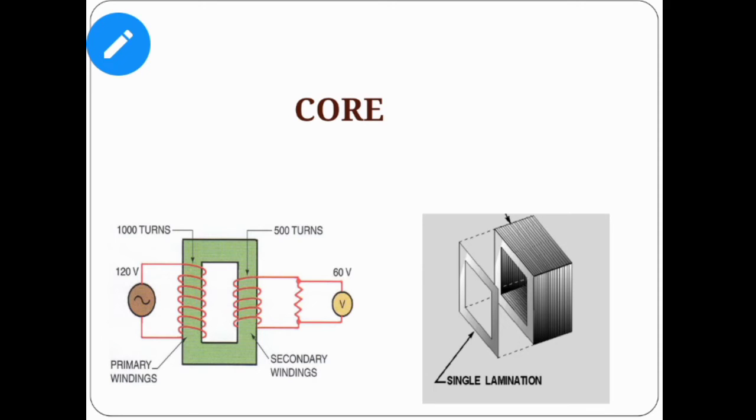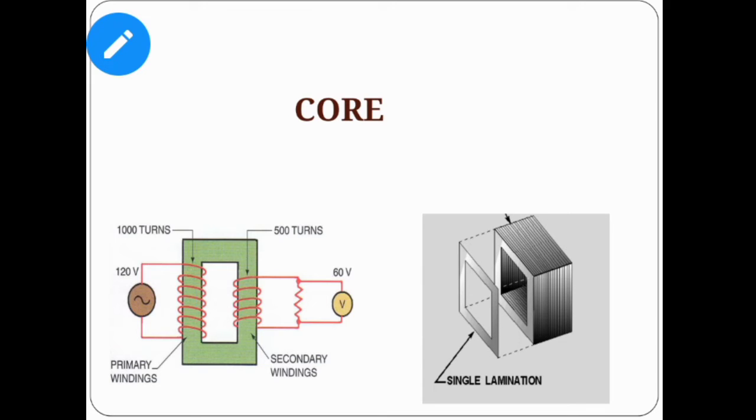In this slide you have to remember the material used for manufacturing the core: silicon steel. Why silicon steel? First, it has high permeability and low reluctance, and second, it has a low hysteresis coefficient.